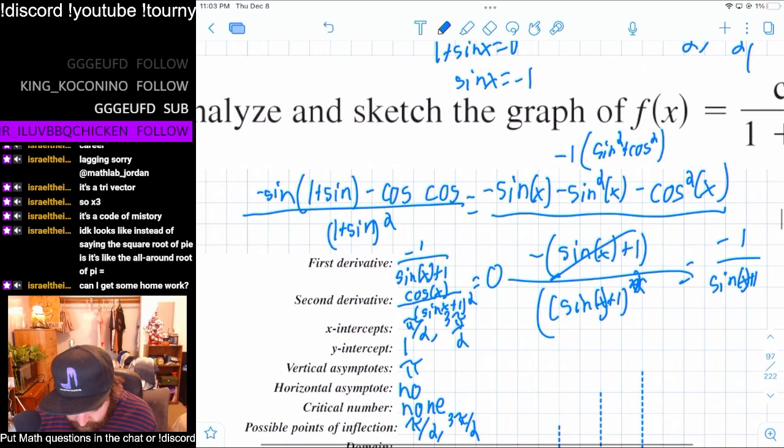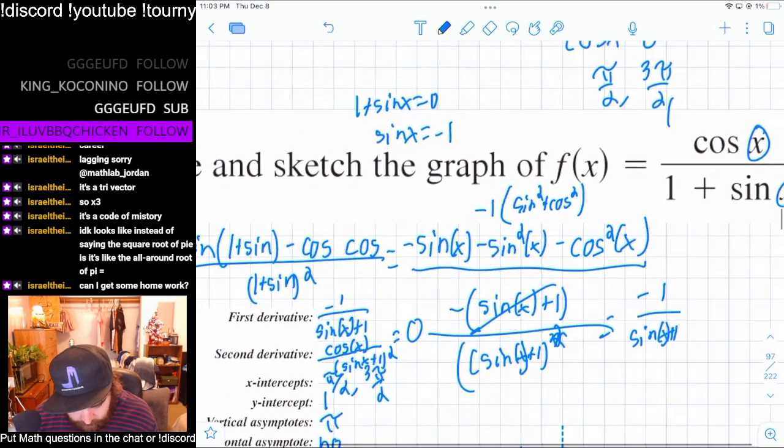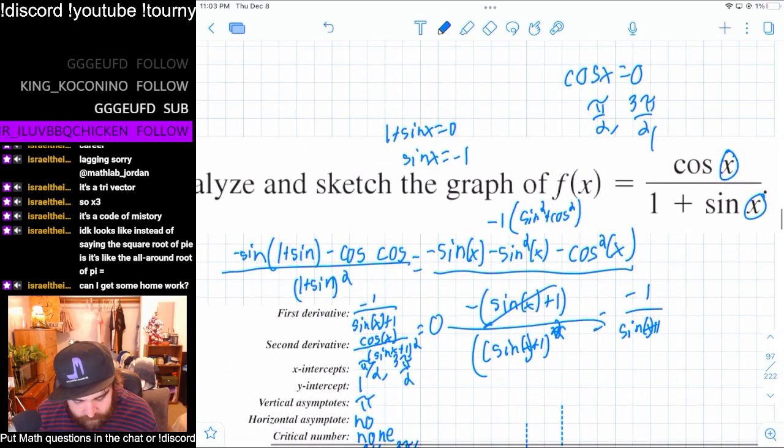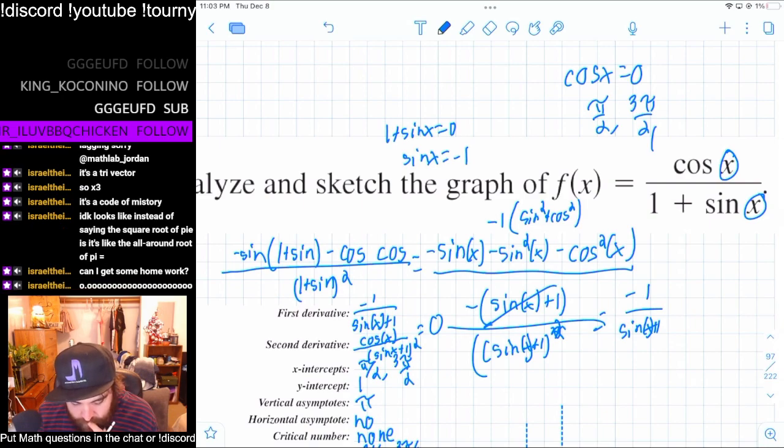So is my first derivative wrong? I feel like it must be. Let's look at it again. So the derivative of the top, negative sine, times the bottom, minus the original top times the derivative of the bottom. So that's negative sine minus sine squared minus cosine squared.